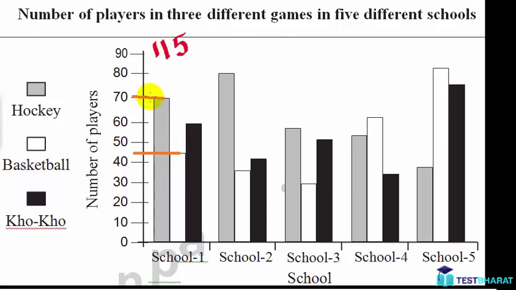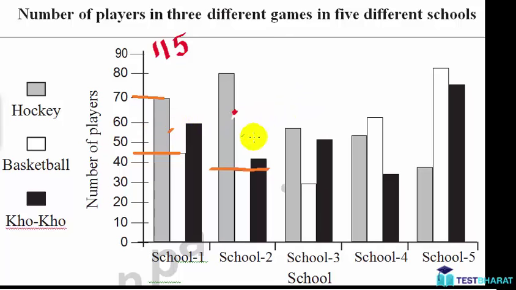So we will just take, if let's say this is 3 centimeter, 4 centimeter, we will mark somewhere here. We'll say this is the average of this, and in this we will draw a line, and we will mark somewhere in the halfway.